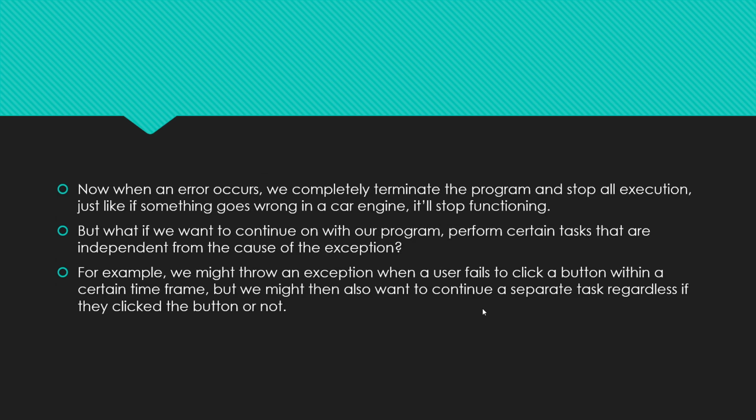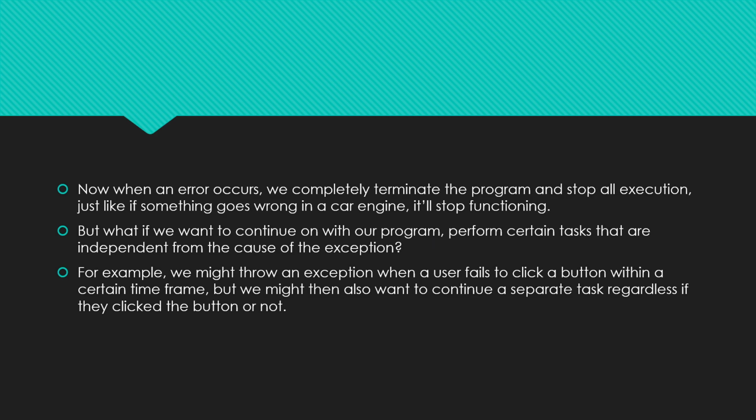Now we're going to talk about handling exceptions, because quite often when programs throw exceptions, they just stop and terminate. But what if we want to continue on with our program and perform a task that is independent from the cause of the exception? Let's say, for example, we're fetching some data from the server, and after we fetch, we just want to add two numbers.